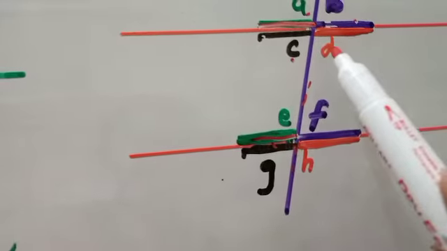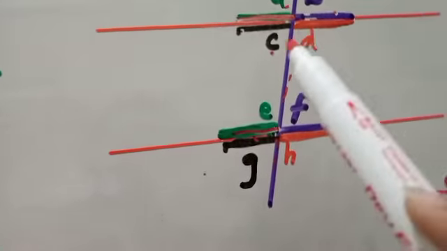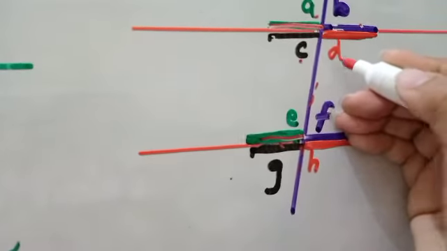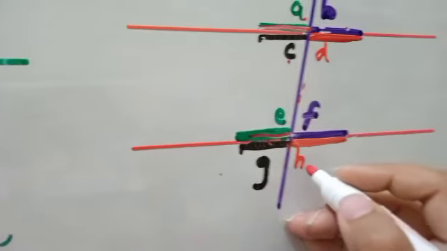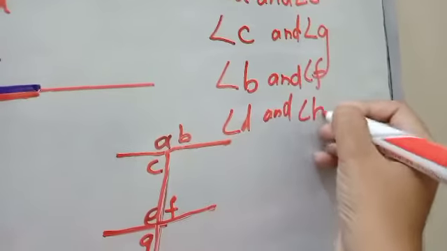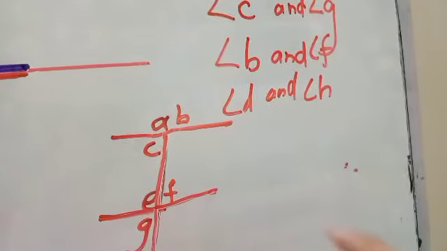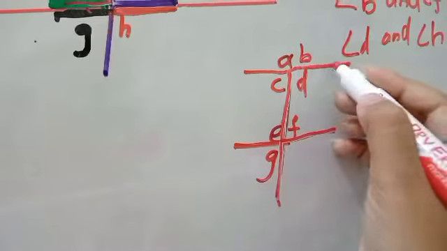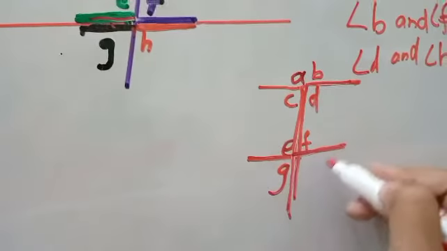Why? Because they are on the same side of the transversal. One angle is interior, the other one is exterior. So angle D and angle H are also corresponding angles and they are equal. Again they are making an F shape, this and this.